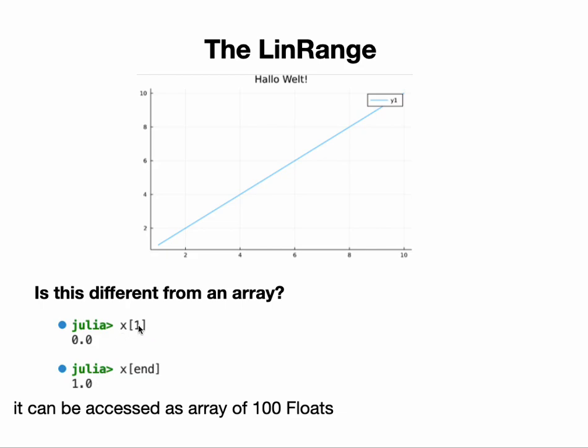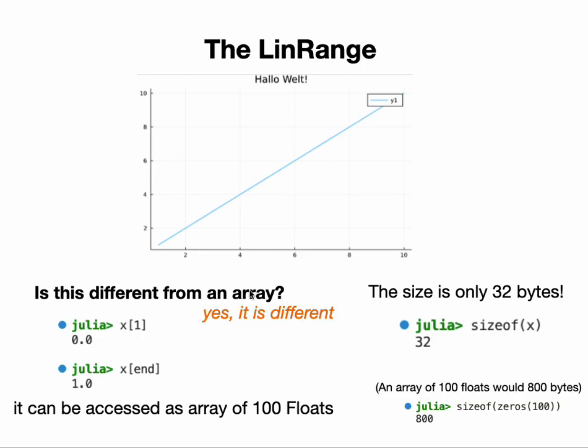And you can type anything between 1 and 100, the number of steps, and it will return a value. It can be accessed as an array of 100 floats here. So it's very similar to an array in a way, but if you check the size, it's only 32 bytes. So it's a very tiny object.